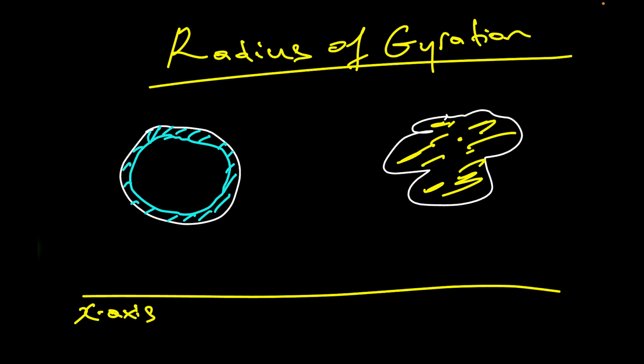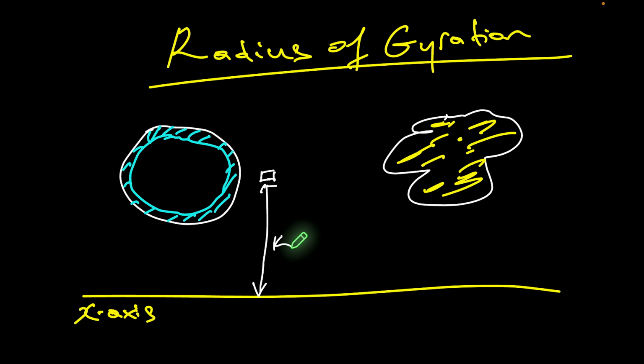Now the radius of gyration lets you pretend that the entire mass or area is concentrated at one single distance from the axis. So say this is my axis, and for this complicated circular shape, the radius of gyration lets you pretend it's that shape there that I've just drawn, and its distance from that axis is k.